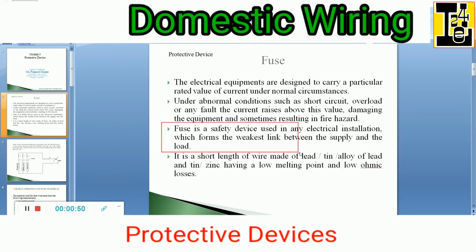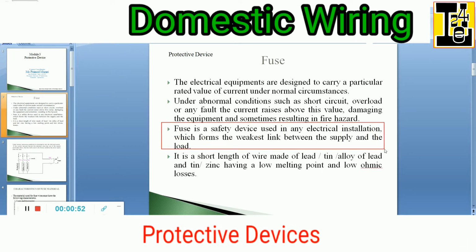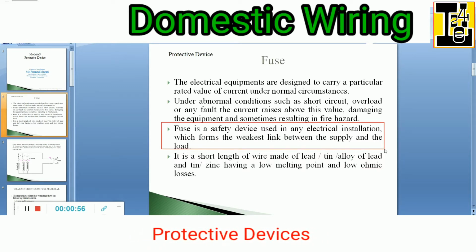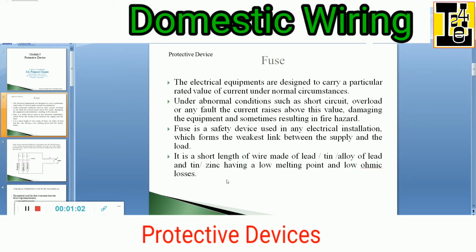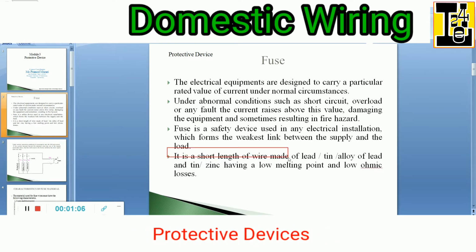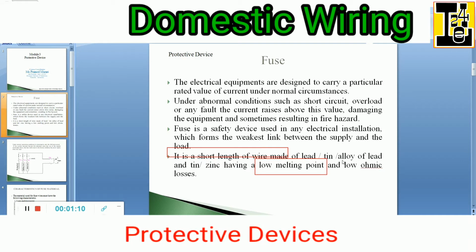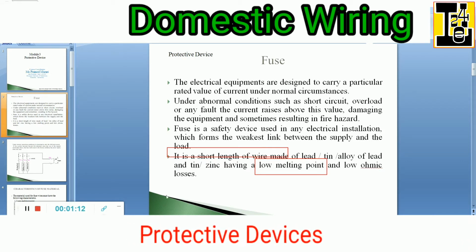Fuse is a safety device used in any electrical installation which forms the weakest link between the supply and the load. It is made up of lead tin alloy and has a short length of wire. It has a low melting point and low ohmic losses.